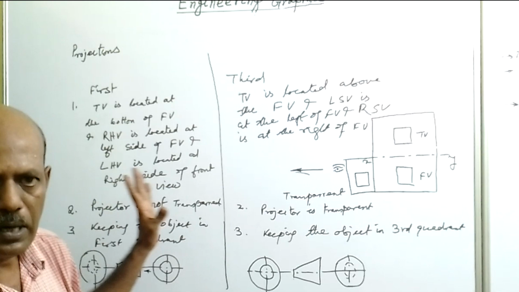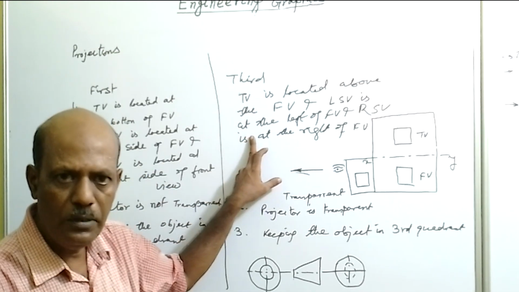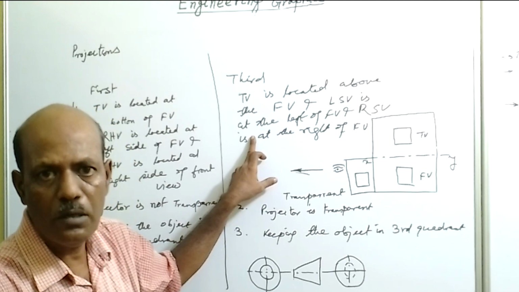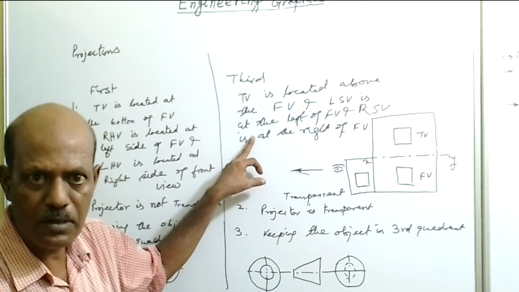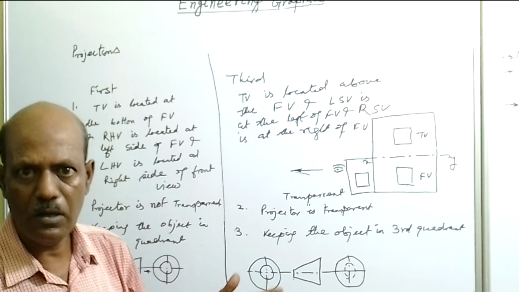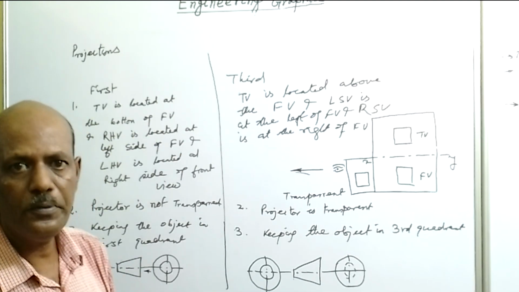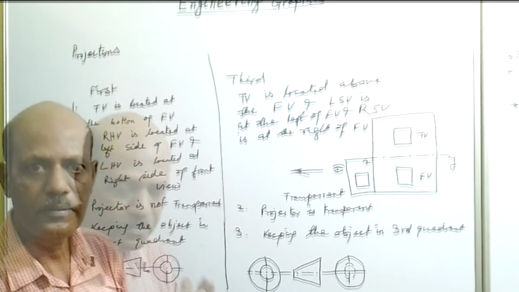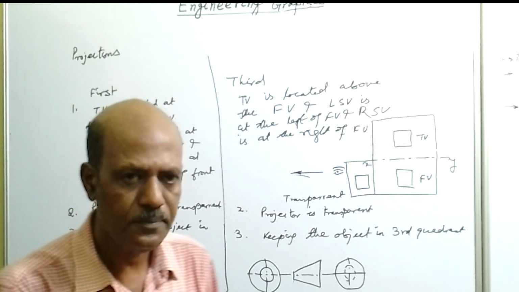So only first angle and third angle projection is used. In India, only first angle projection is used because the Bureau of Indian Standards specifies that drawings be made using only first angle projection. And in America, the third angle projection method is used for drawing the projections.